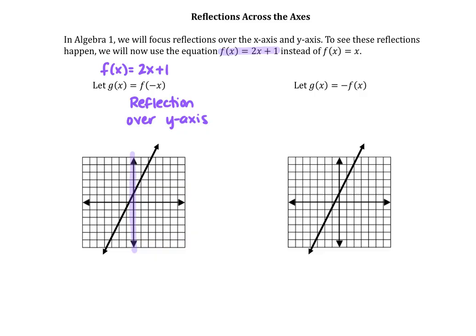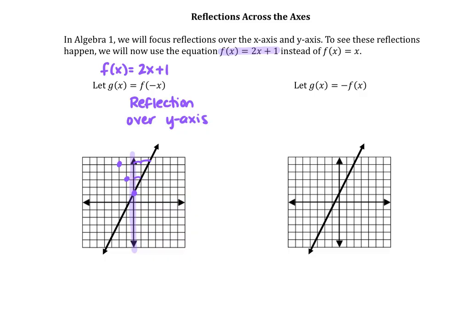So that means it's going to keep the same point right there, but instead of being 1 unit to the right, I'm going 1 unit to the left. Instead of this point being 2 units to the right, it's going to be 2 units to the left. And you can see how it looks like a mirror image that's flipped over that y-axis.